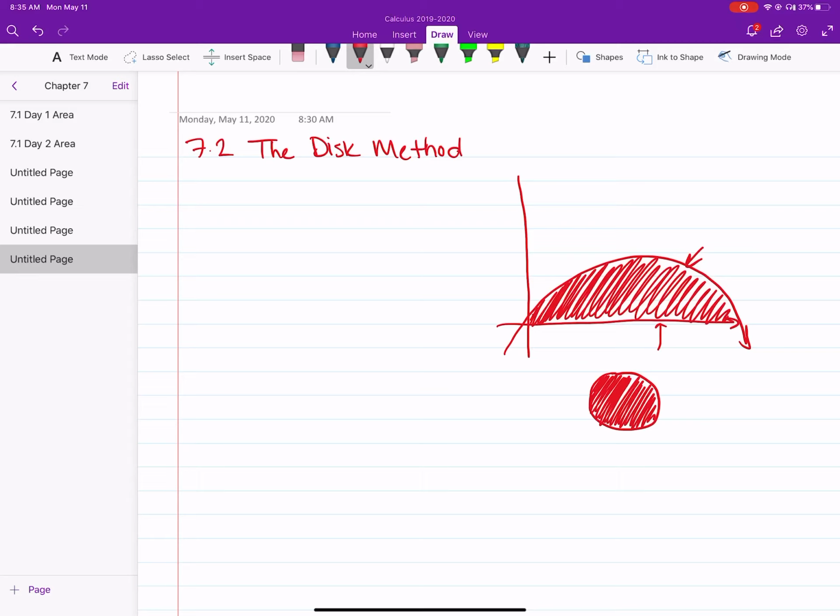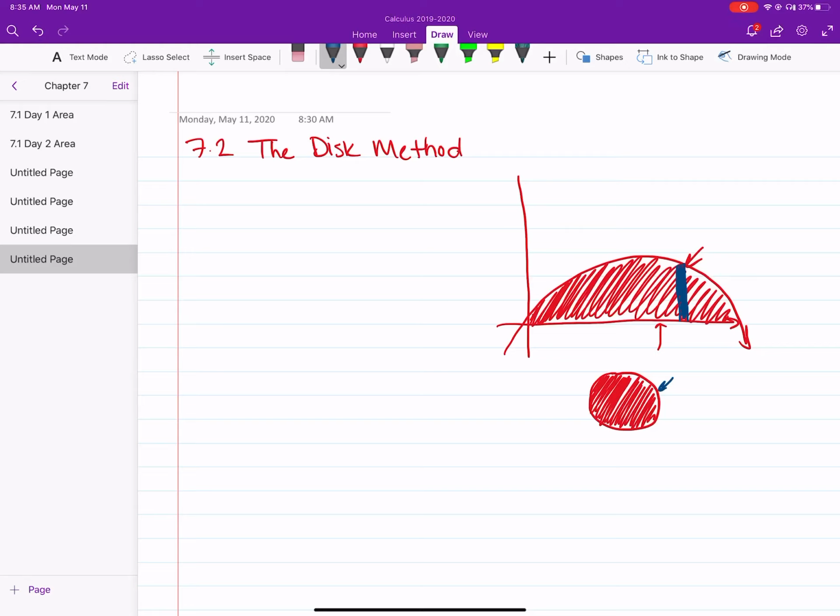What we're doing is creating little slices in this region. Let's do a different color so you can see better. When we revolve those slices, we get a disk, and we have a whole bunch of those.